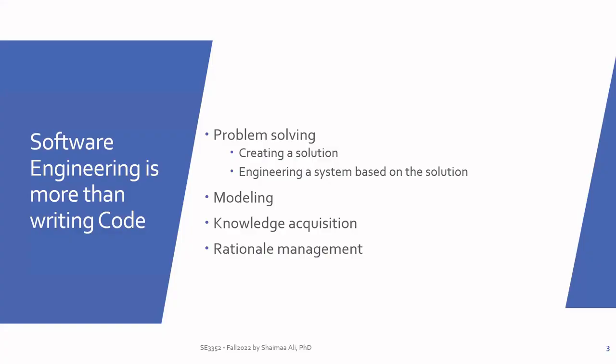So software engineering involves problem solving. Okay, so you're not just writing code, open an IDE and write code. You're trying to solve a problem, and this problem is relevant to someone. So you're trying to solve a problem for someone using this system. So there's problem-solving skills needed, the creation of a solution.